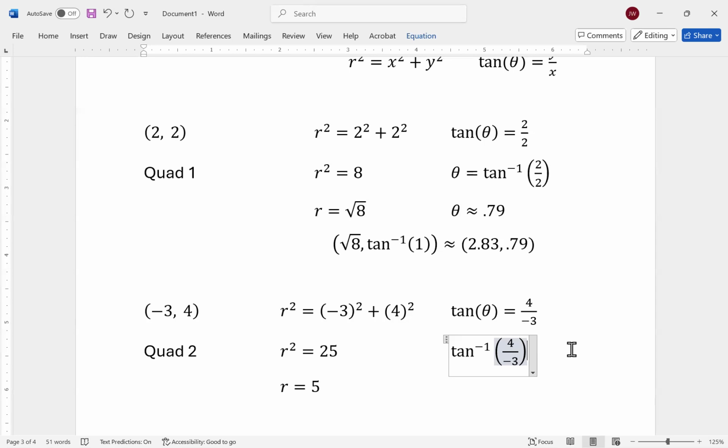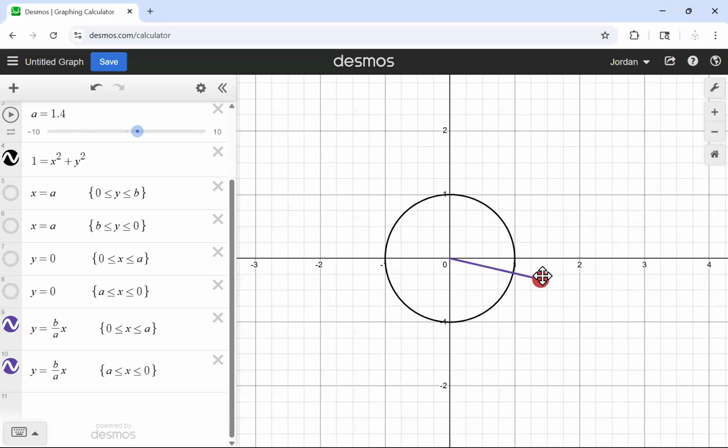Negative 0.93 sends us into quadrant 4. So think unit circle. We are starting along the x-axis, and a negative 0.93 shoots us into quadrant 4. We actually wanted to be in quadrant 2. We knew that because of the point we had. It was -3, 4, so it's going to be shooting way up there.